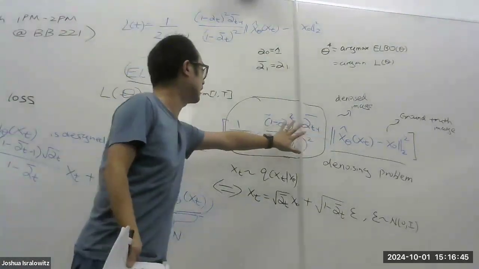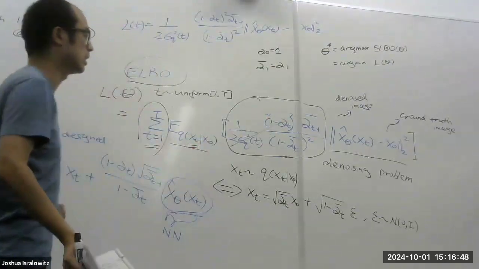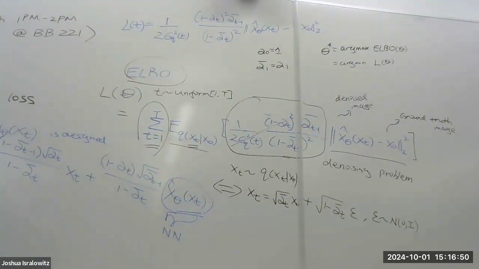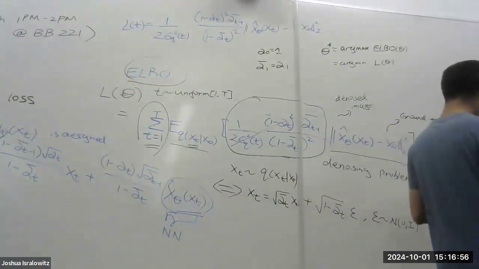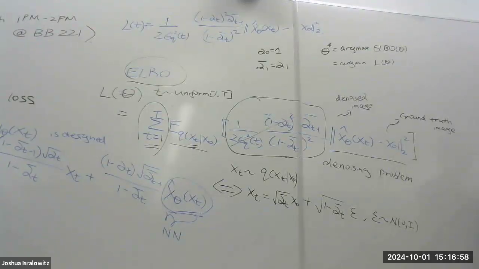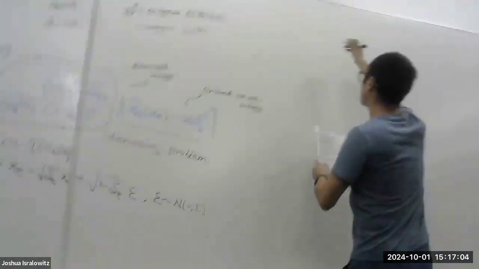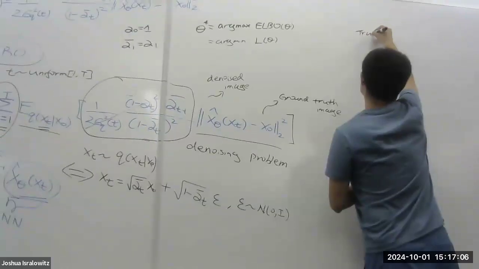Then you can calculate this loss function very, very cheaply and quickly. Okay, so that's the meaning of each part. But let's write it all out, and you can use that for training DDPM.